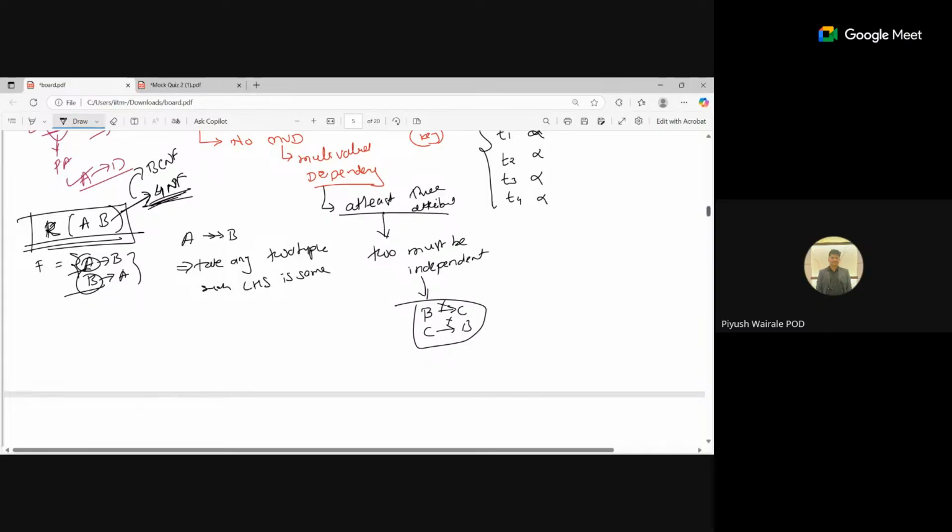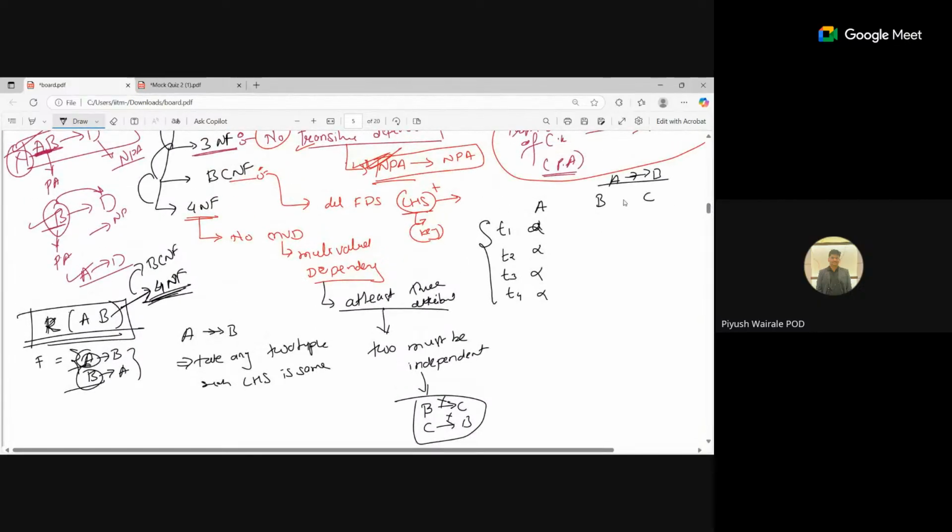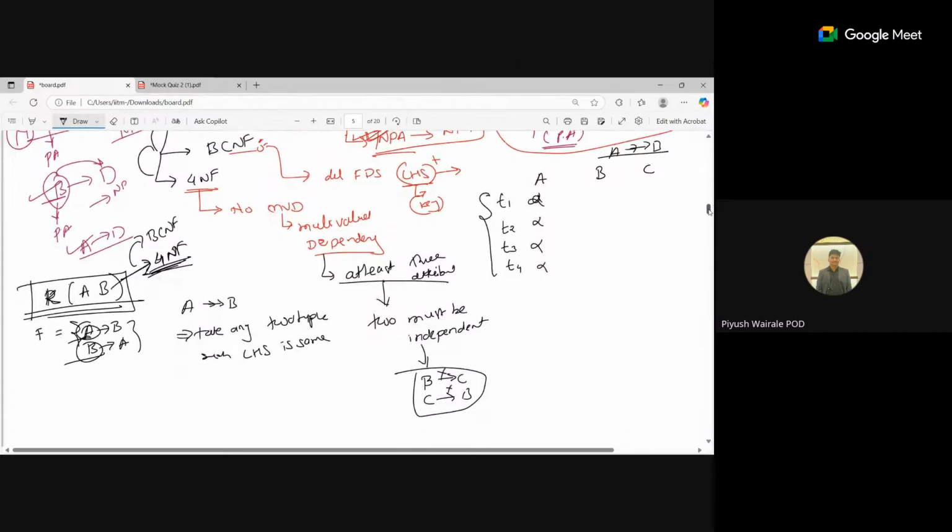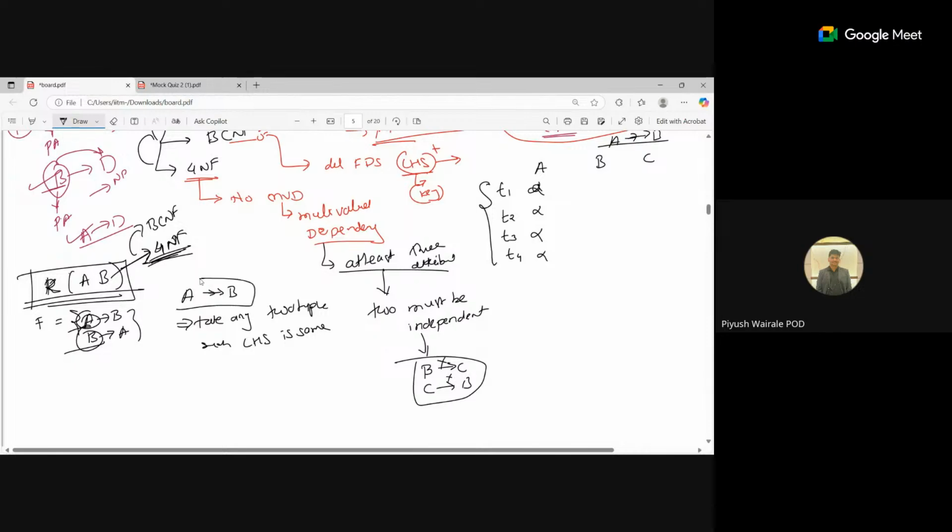Because if you look at those four conditions we defined, when T1 alpha equals T2 alpha, then these rules must follow, right? So whenever you want to check any MVD, always take any two tuples such that the left hand side, alpha, is the same.